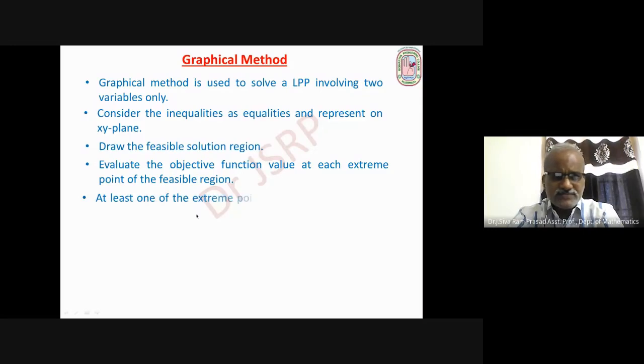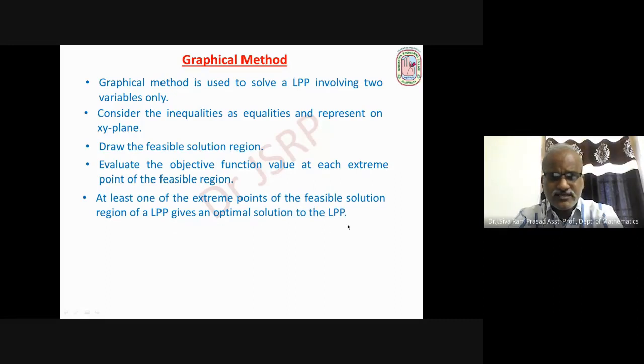At least one of the extreme points of the feasible solution region of a LPP gives an optimal solution to the LPP. So this is based on, already I have discussed in the previous class, the relation between basic feasible solution and extreme point of feasible solution region. Okay, so they are equal.